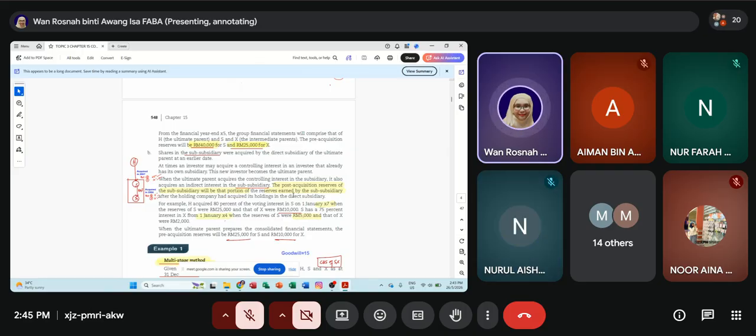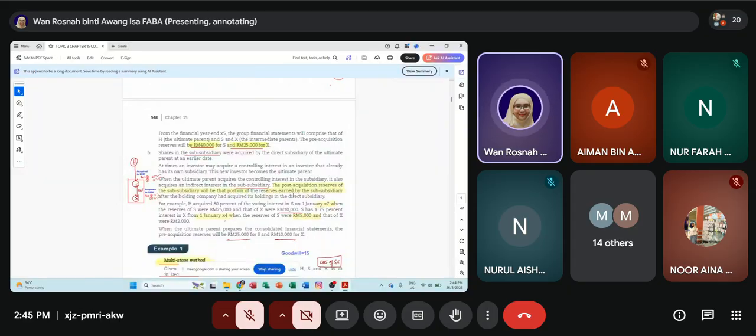So in this case, when the holding acquires the controlling interest in the subsidiary, it also acquires an indirect interest in the sub-subsidiary. So the post-acquisition reserve of the sub-subsidiary SS will be that portion of the reserve earned by the sub-subsidiary after the holding company acquired.